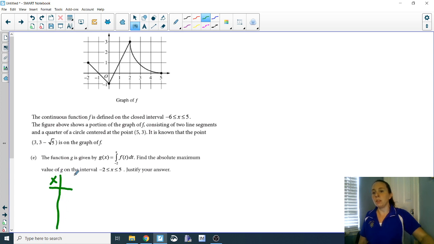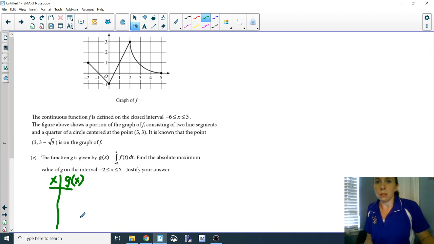I'm trying to find the maximum value of g. If I find the highest y coordinate of all of the possible places where it could be the highest y coordinate of g of x, then that's my answer. That's what I need to find.